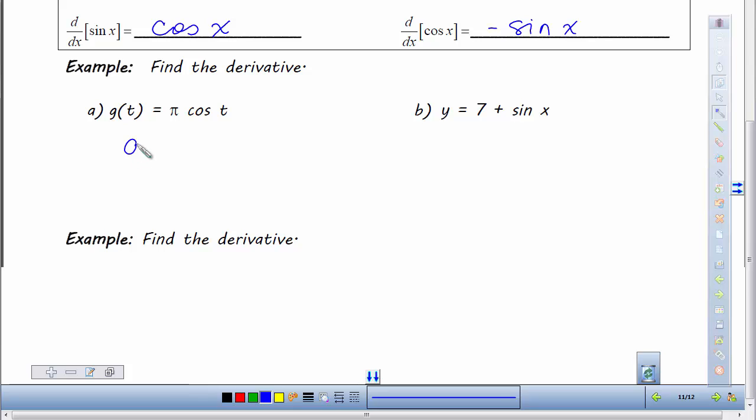So g prime of t, my constant multiple just goes along for the ride. And now I need to focus on the derivative of cosine t. The derivative of cosine t is minus sine t. So we get minus pi sine t.